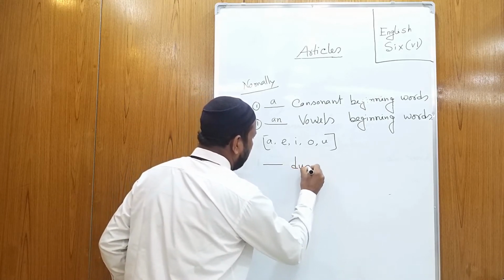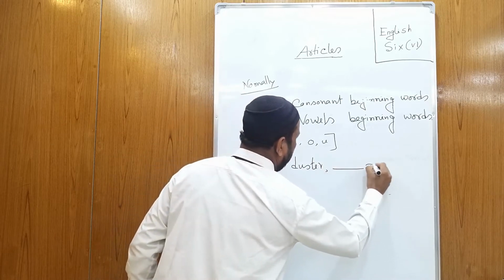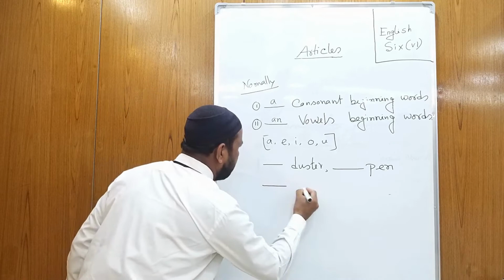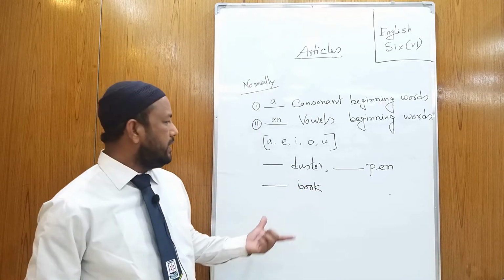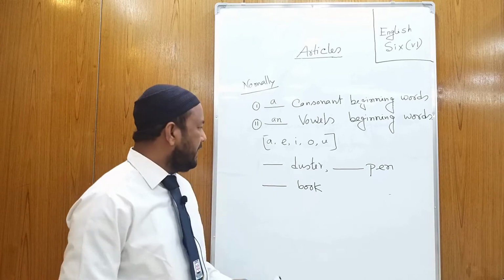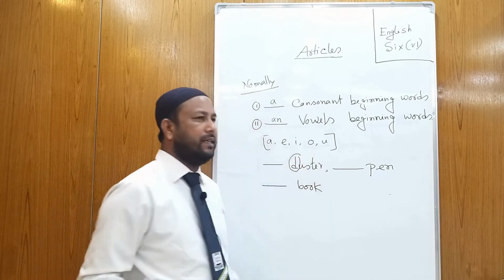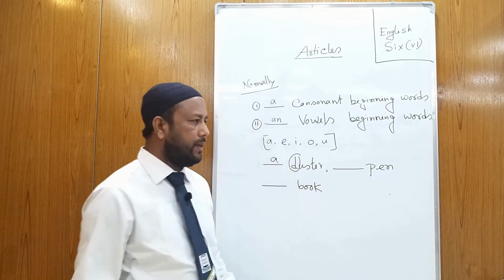Duster, pen, book. In these words, you will see the first letter of duster is D. It is a consonant and you have to use a.